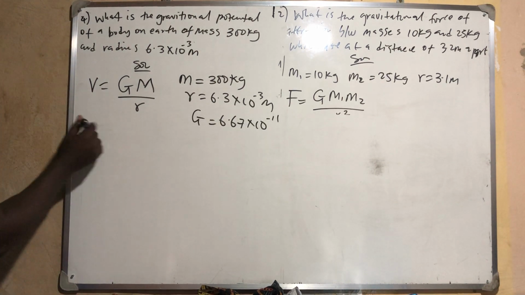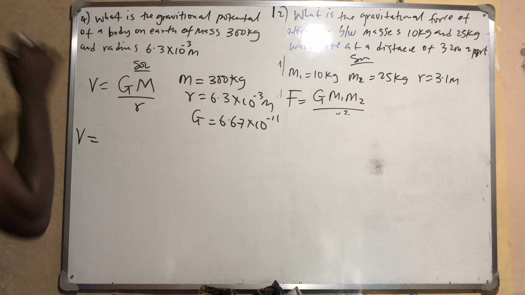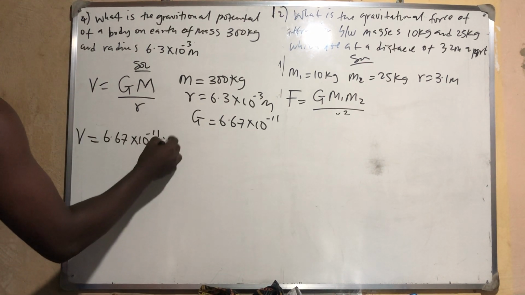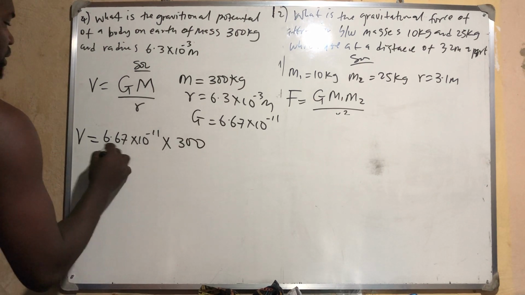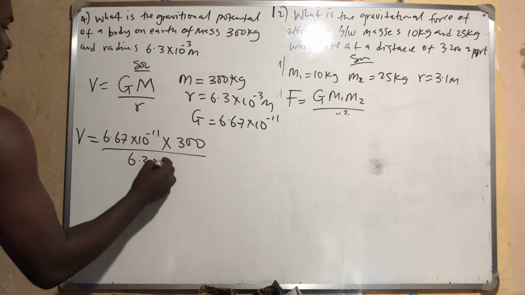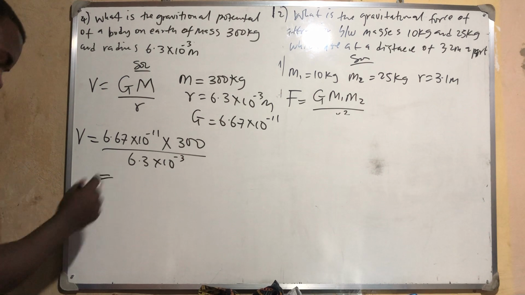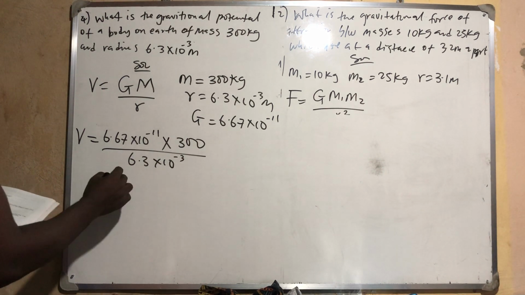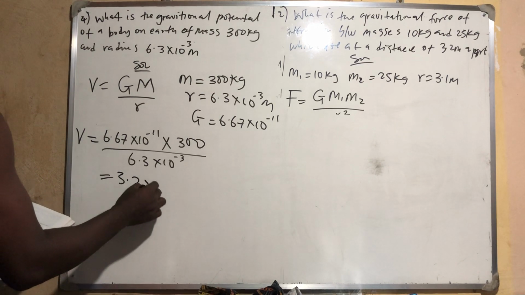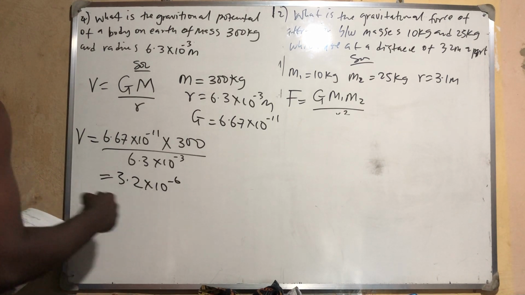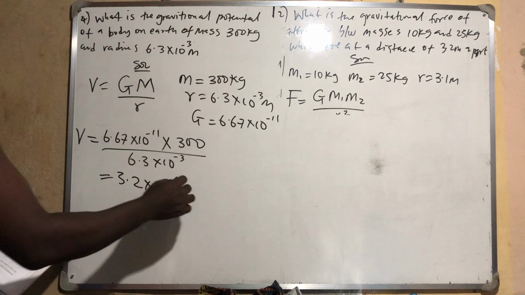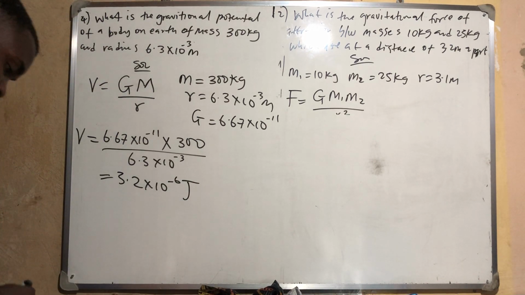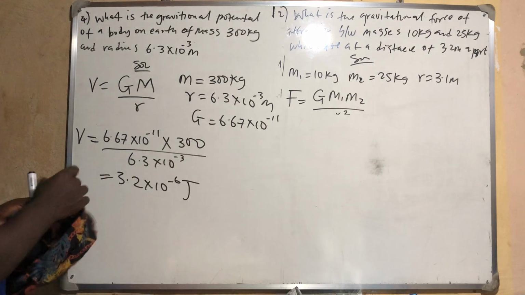So I have V equal to 6.67 times 10 raised to power minus 11 times 300, divided by 6.3 times 10 raised to power minus 3. If you do everything, you'll get your gravitational potential as 3.2 times 10 raised to power minus 6. I know that gravitational potential is work done, so it should be measured in joules.